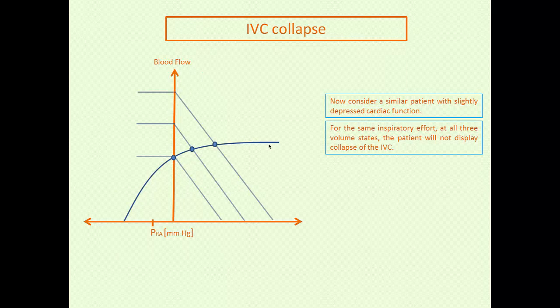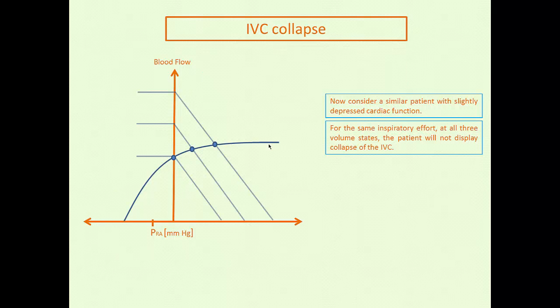And if your right ventricle cannot pump blood through the pulmonary circuit that well, even if you're hypovolemic and you've got a diminished venous return because your volume status is low and your mean systemic filling pressure is low.